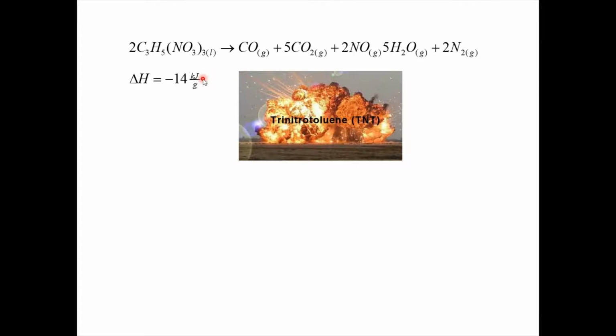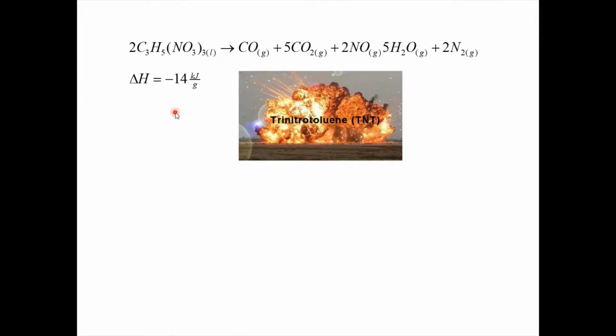That means that every gram of TNT that detonates is giving off 14,000 joules, 14 kilojoules of heat and energy. And you can see the big old fireball right there. All these gases are pushing all this heat out. And we know that can be pretty destructive.